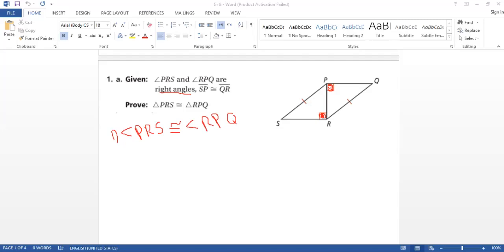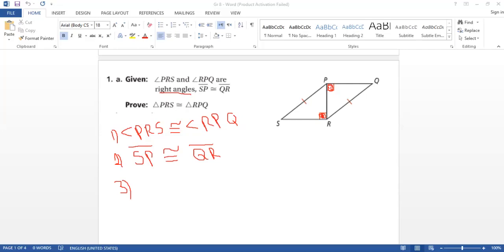This is condition number one. What about condition number two? It's SP congruent to QR. It's a given also. We need the third condition. Who can tell me what is the third condition? You have to think.